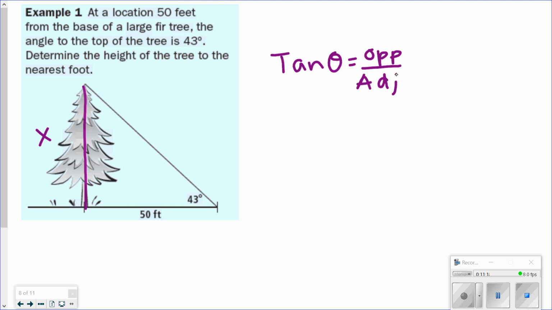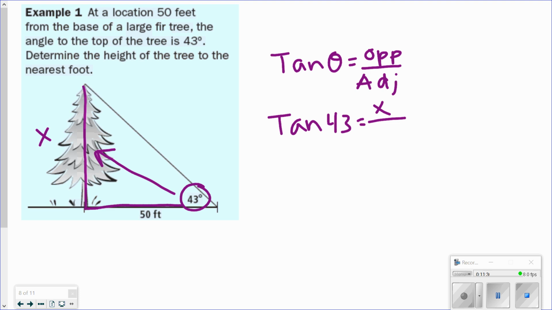So what's my theta measure? 43. So tangent of 43 is equal to opposite. Well, the opposite side in this case would be x divided by the adjacent. The adjacent side would be 50. I need to solve for x, so I'm going to multiply by 50 on each side. So that cancels.